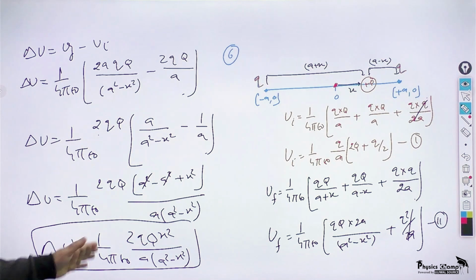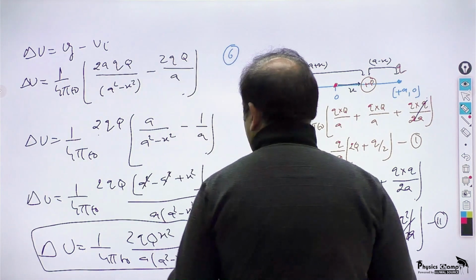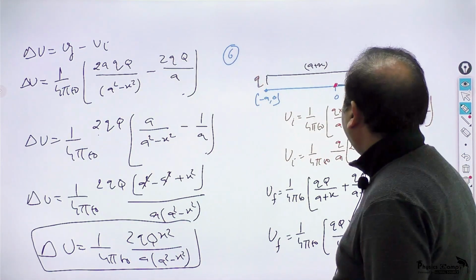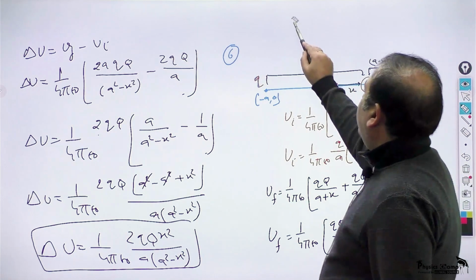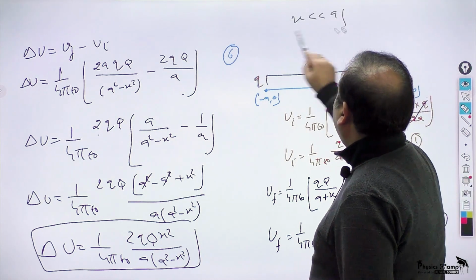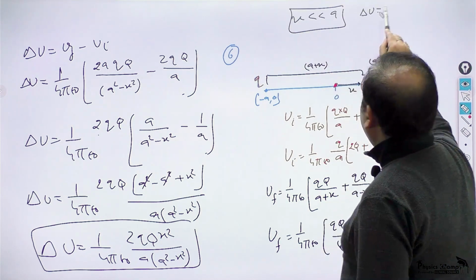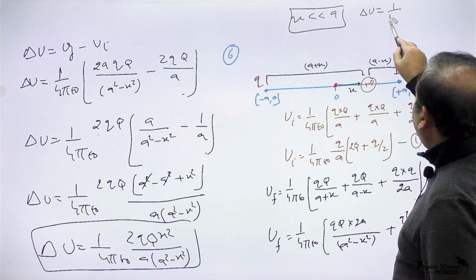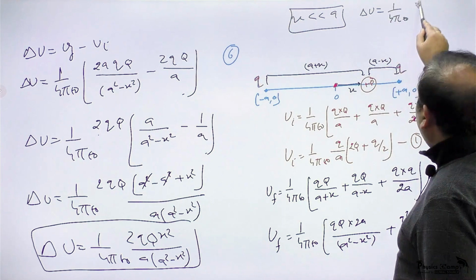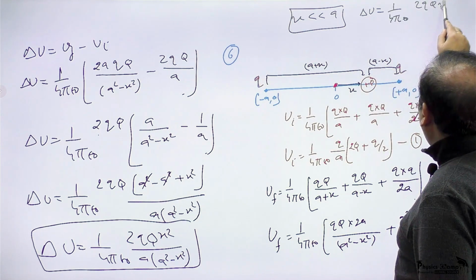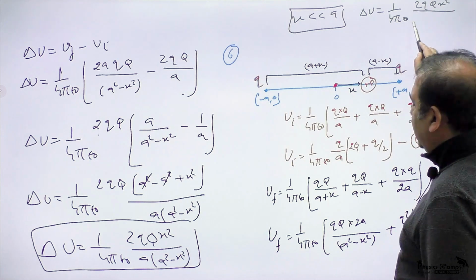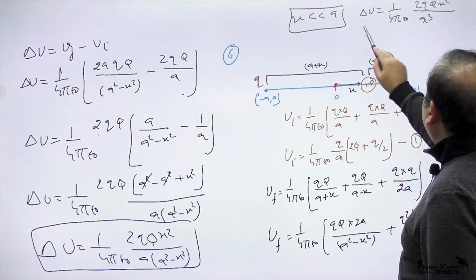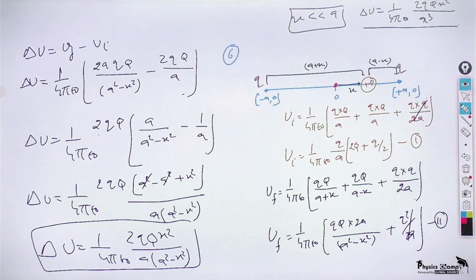And if x is very small compared to a, then this change in potential energy can be written as 1 by 4 pi epsilon naught 2qQ x square by a cube. So that's how we can find the change in potential energy or the work required for this process. So this was question number 6 for you.